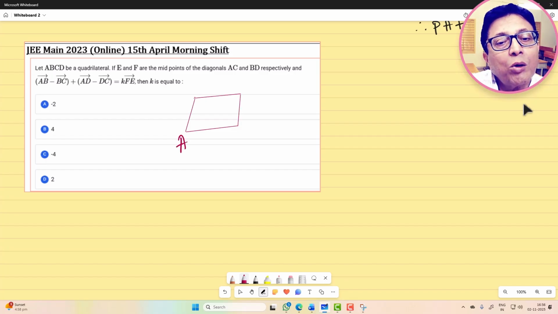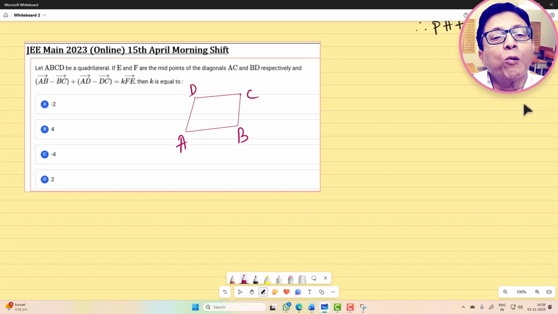So this is a quadrilateral ABCD, which may not be a parallelogram. E and F are given as midpoints of AC.